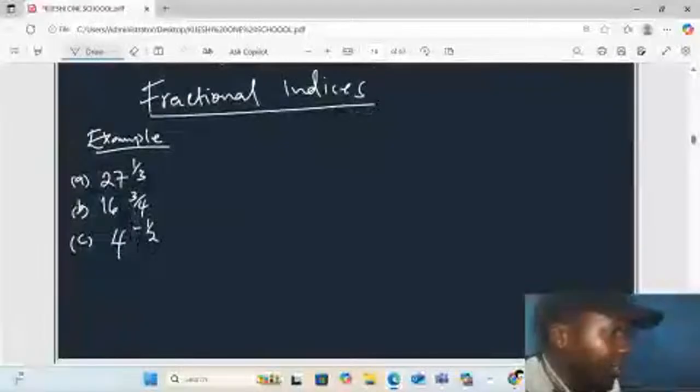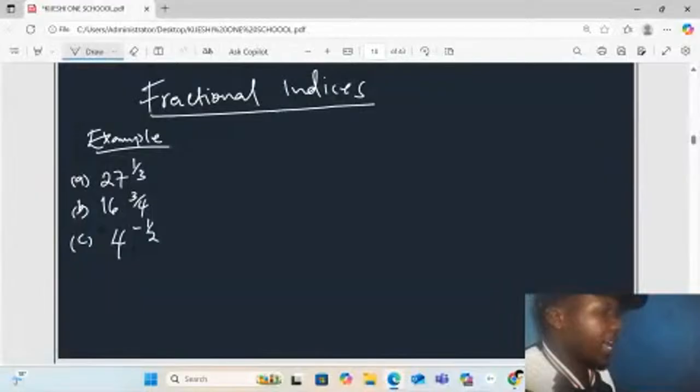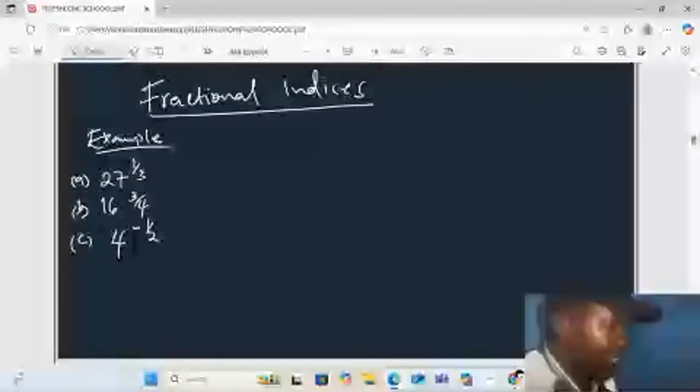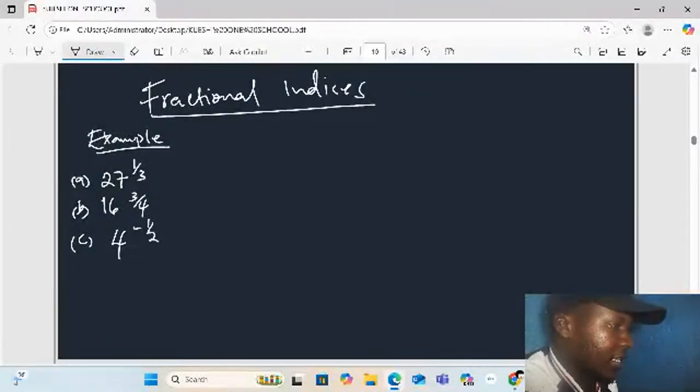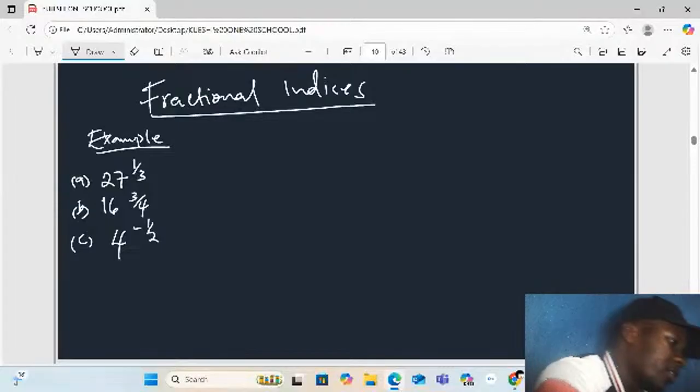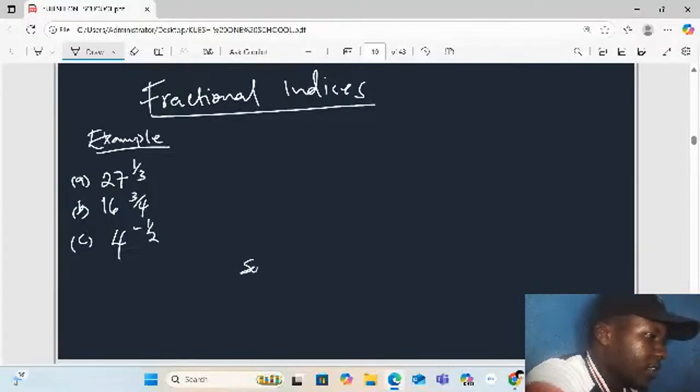You can see all the indices are fractions, and one of them is still a negative index, a negative and still a fraction. So we shall see how we are going to deal with that in our solutions. We can start with A.